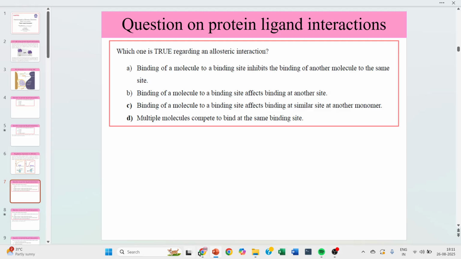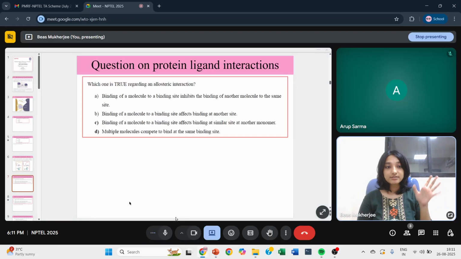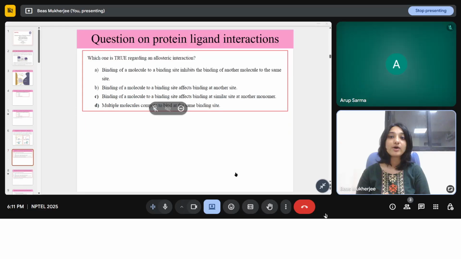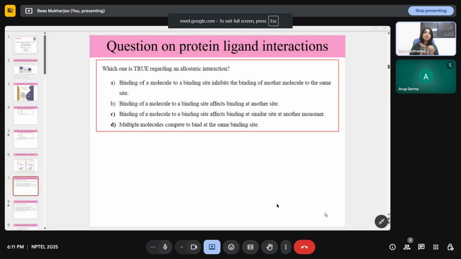Right. Now based on what we have learned until now, you can try to answer this particular question. Which one is true regarding an allosteric interaction? A, the binding of a molecule to a binding site inhibits the binding of another molecule to the same binding site. B, the binding of a molecule to a binding site affects binding at another site.